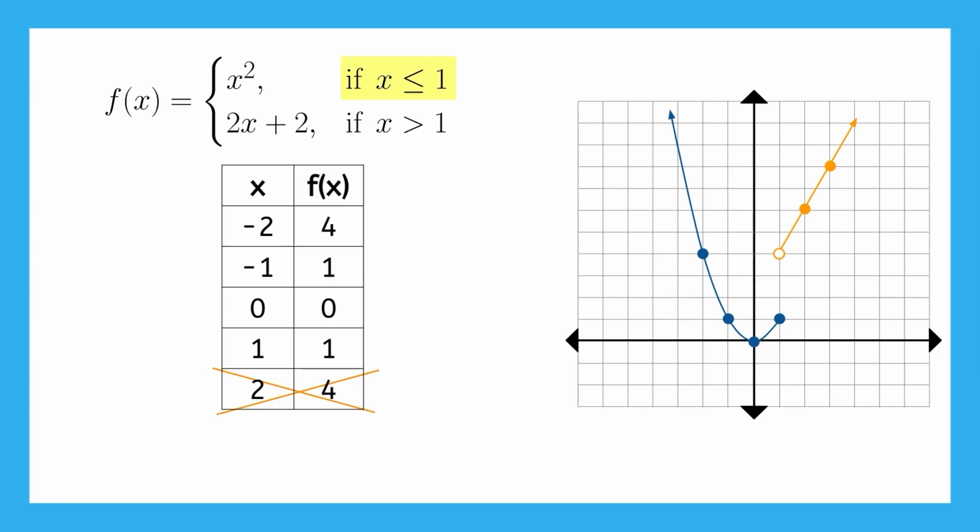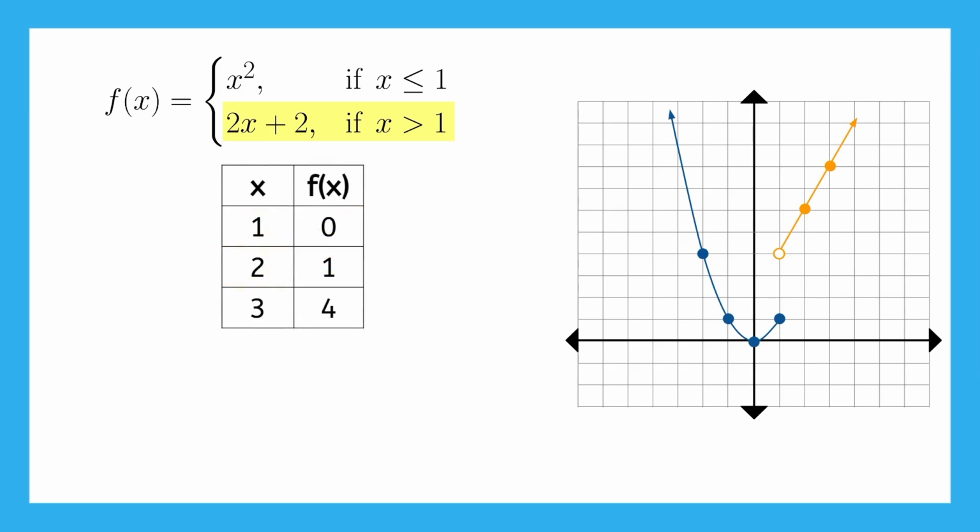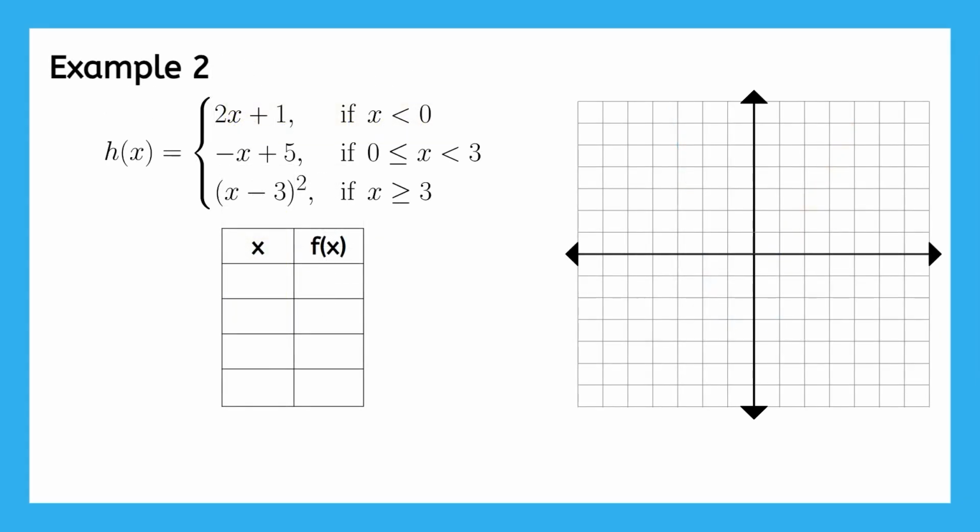So with a little foresight, we could have made a table of values with only numbers less than or equal to 1, and then only plotted those points. We could have tackled the other part of the piecewise function in the same way, starting the table of values at 1 and then using values greater than 1. Using that method, let's try graphing another function.